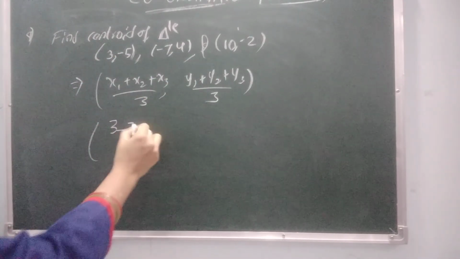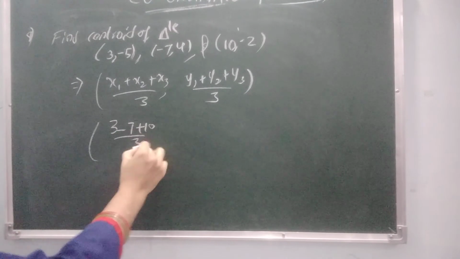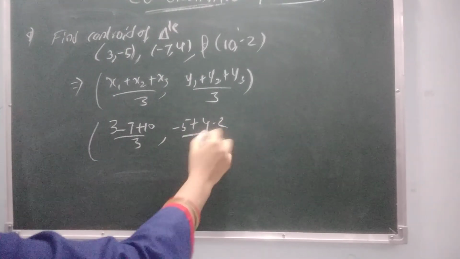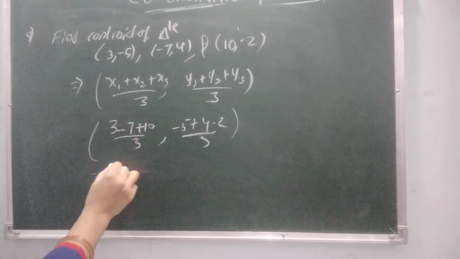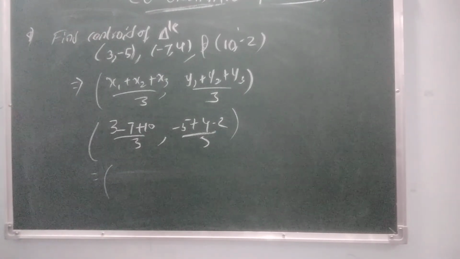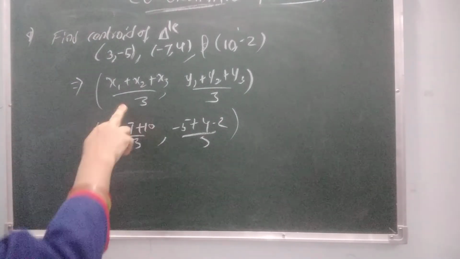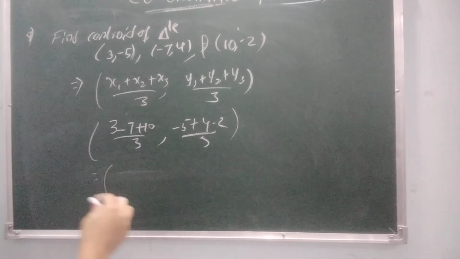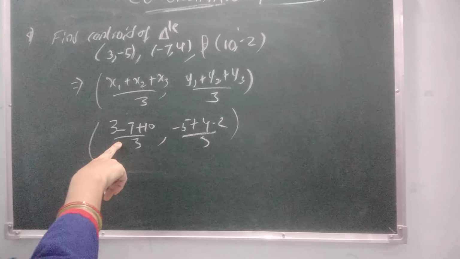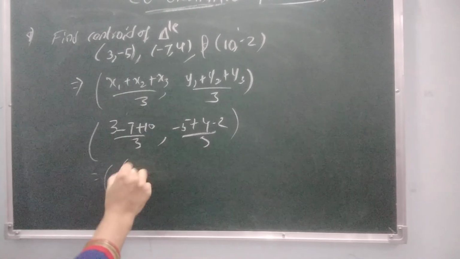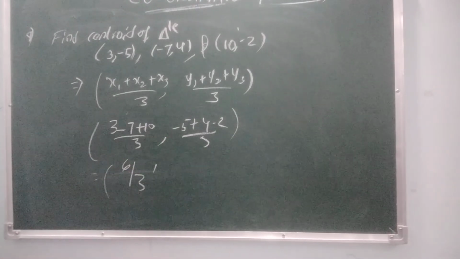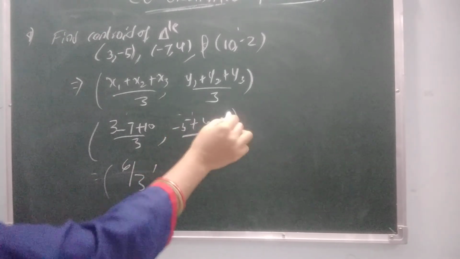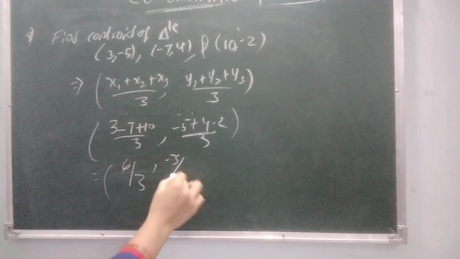3 minus 7 plus 10 by 3, y1 minus 4 minus 2 by 3. Okay, minus 5, here 3 minus 7 plus 10, 6 by 3, comma, minus 5 plus 4 minus 2, minus 3 by 3.